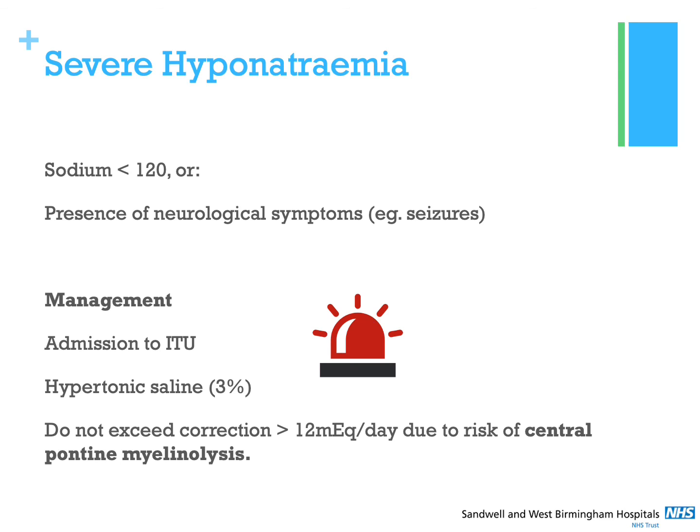So it's important to correct the sodium at a reasonably slow and steady rate. And that increased monitoring afforded in the ITU setting is why these patients will often end up there.